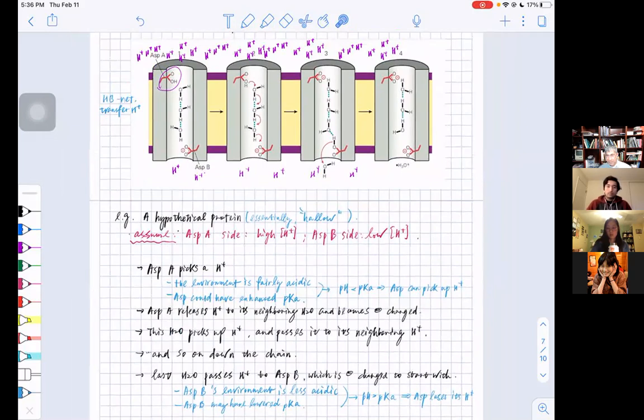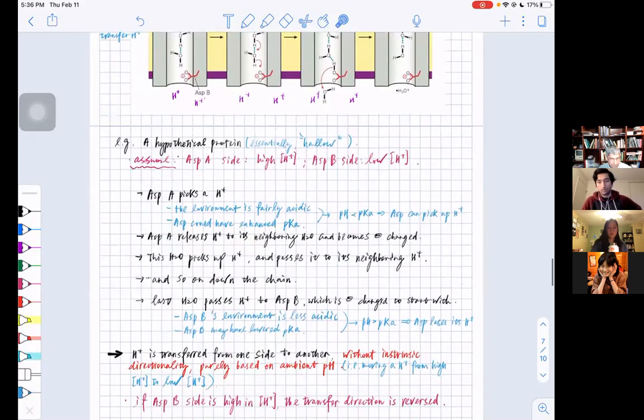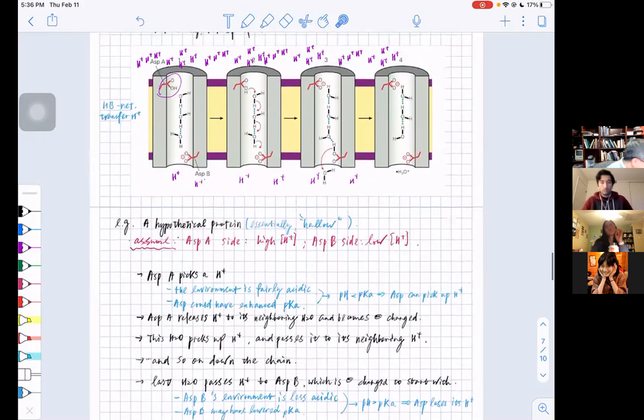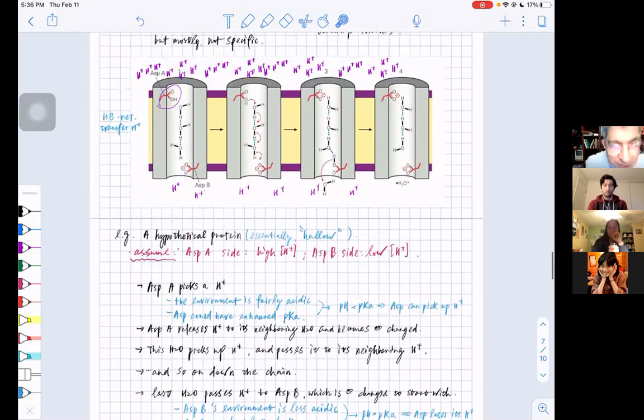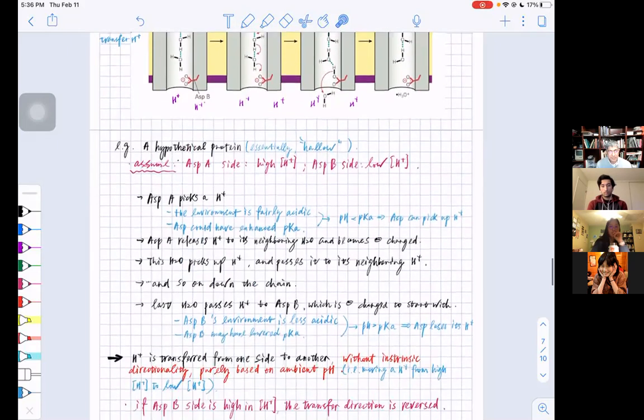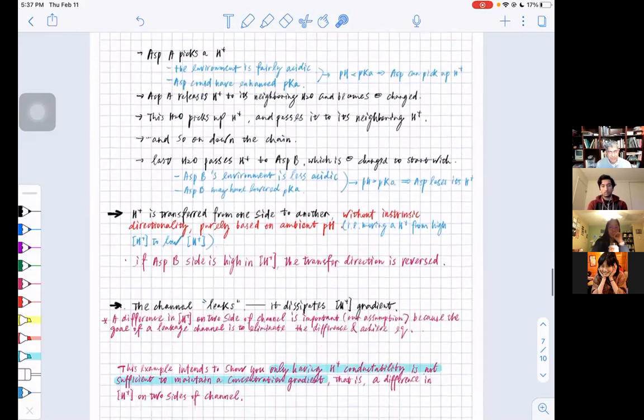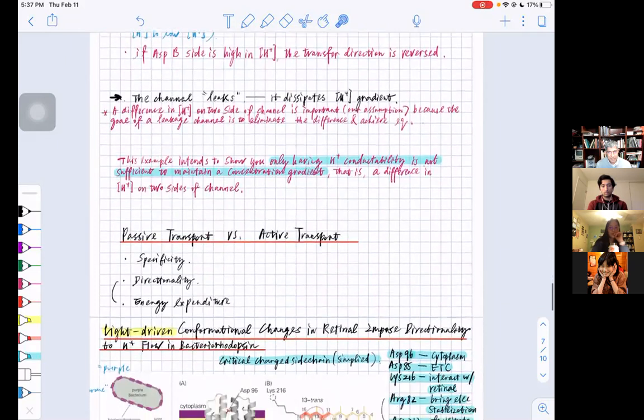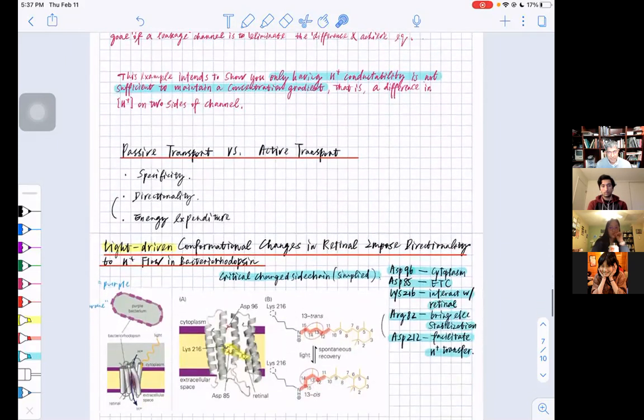That's saying if I would like to flip the concentration, the direction of proton flow will also be flipped. And that's not right, because we want to maintain the proton concentration in order to drive the ATP production, right? So then how does the bacterial rhodopsin solve this puzzle?